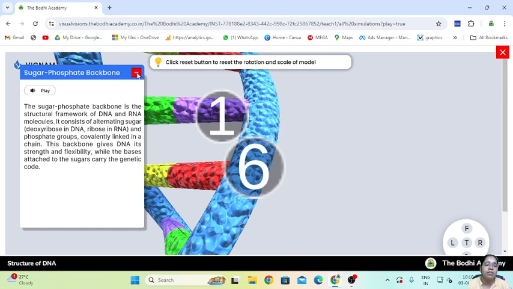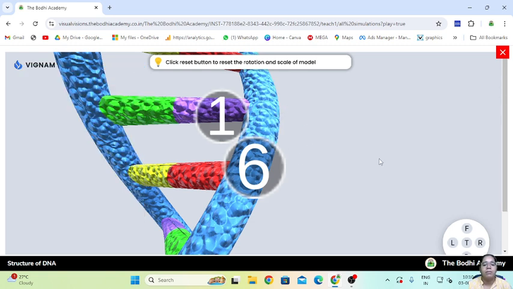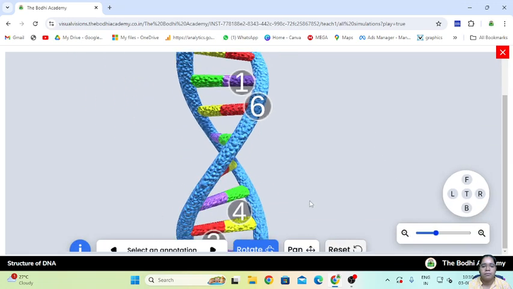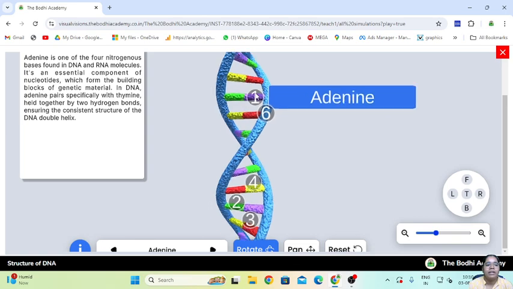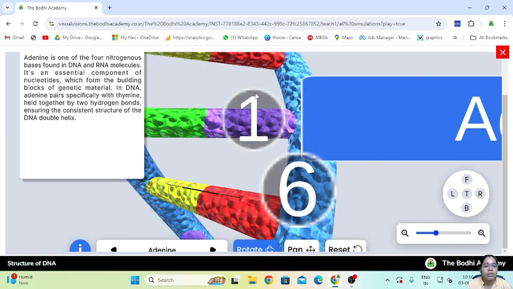Now let us see which are the different base pairs of the DNA. So the first base is adenine. Adenine is one of the four nitrogenous bases found in DNA and RNA molecules. It is an essential component of the nucleotide, which forms the building block of genetic material.